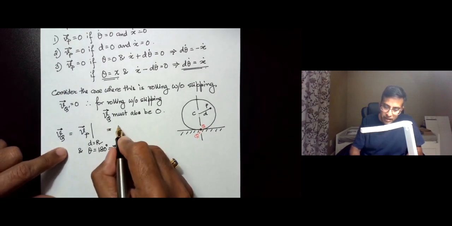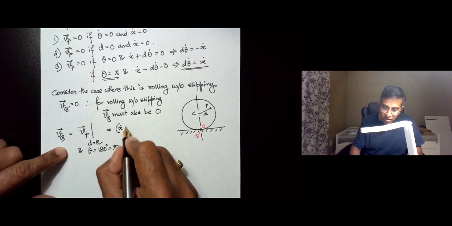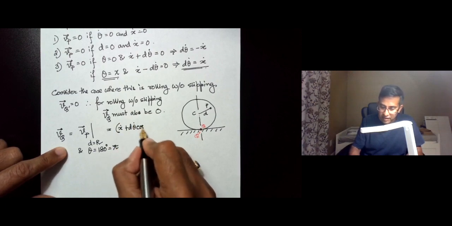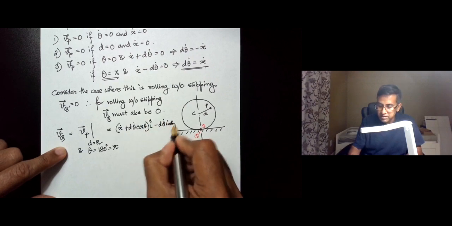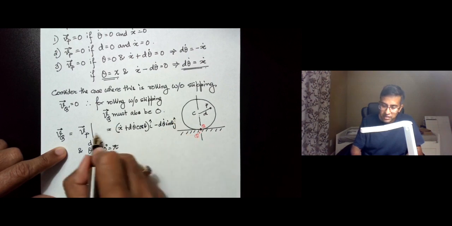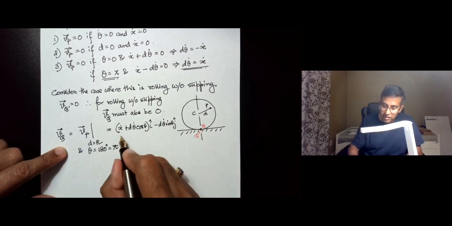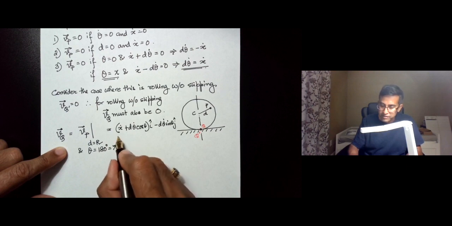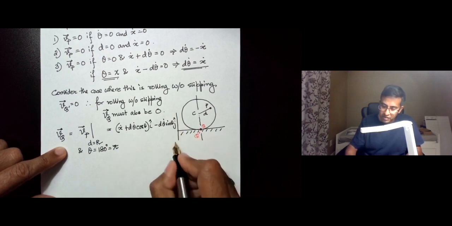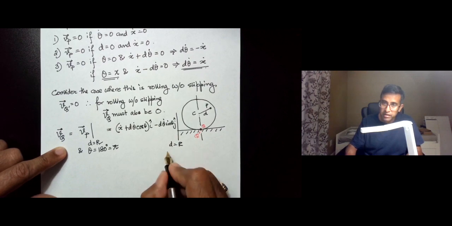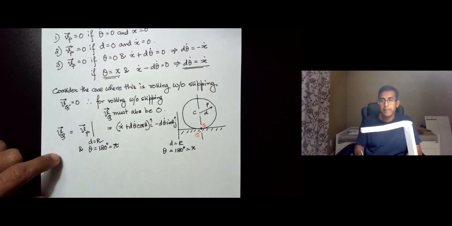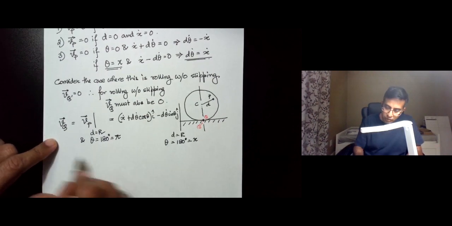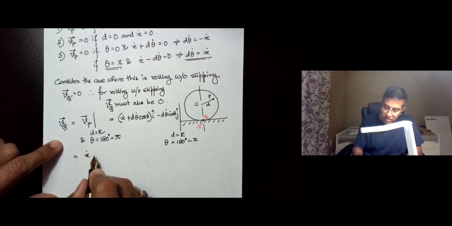Well, VP is x dot plus d theta dot cosine theta i minus d theta dot sine theta j. So in this VP we need to impose these two conditions, that d is equal to capital R and theta is equal to 180 degrees, which is equal to pi.